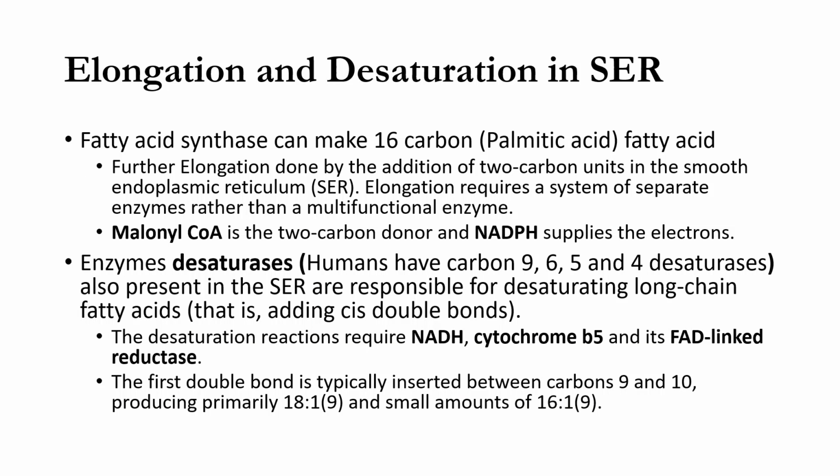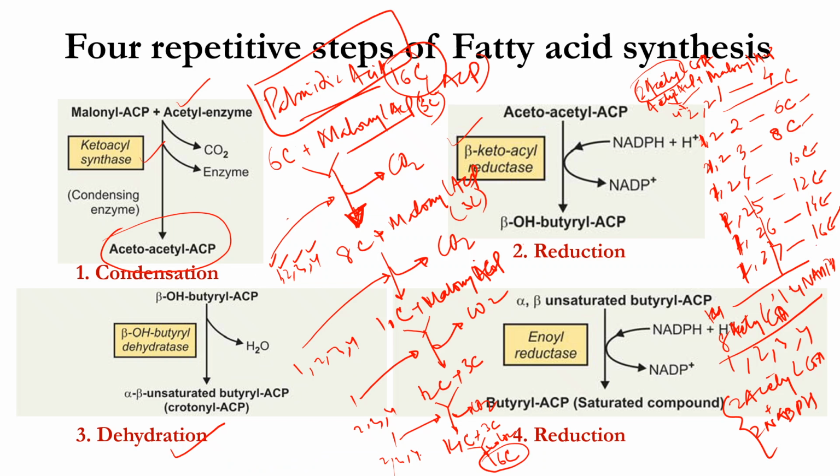Elongation and desaturation in smooth endoplasmic reticulum. As we had discussed earlier, elongation, that is the addition of further carbon, like here we have discussed till 16, there may be 18, 20, 22, 24, like this. If our body needs to add more carbon, then exactly in the same manner malonyl ACP will be utilized. All till 16 carbon happens in the cytoplasm or cytosol.